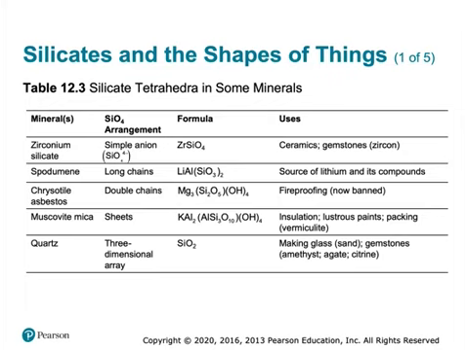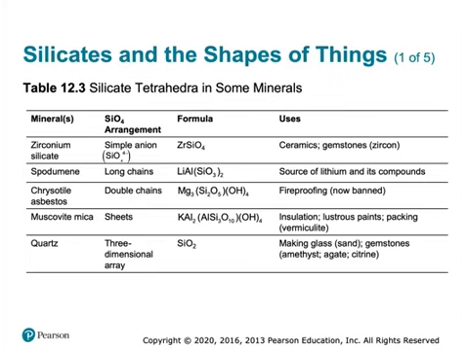Asbestos is chained, a fibrous sort of structure, and it's now banned as fireproofing, but it's a wonderful fireproofing material. Mica sheets. It's similar to asbestos, but in sheets. Where asbestos is fibers, these are sheets, and it has vermiculite. It's very shiny and pretty.